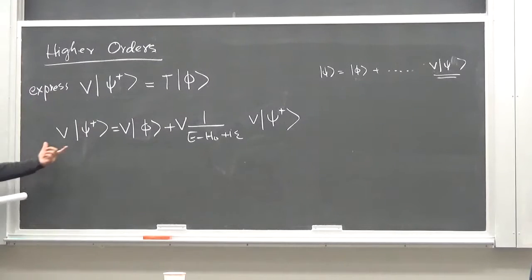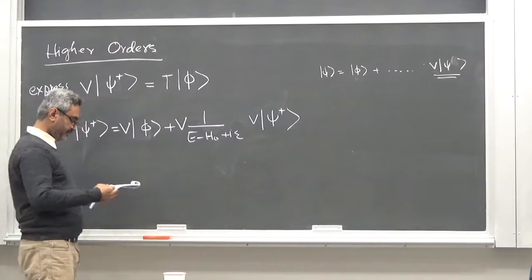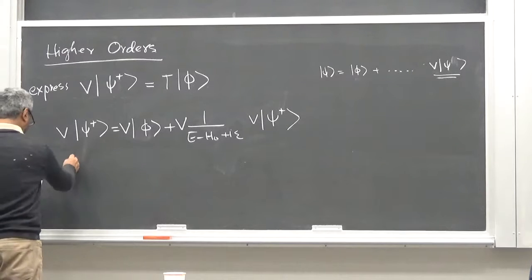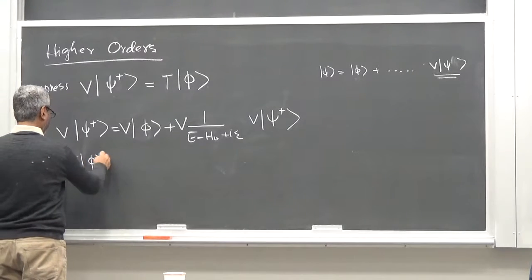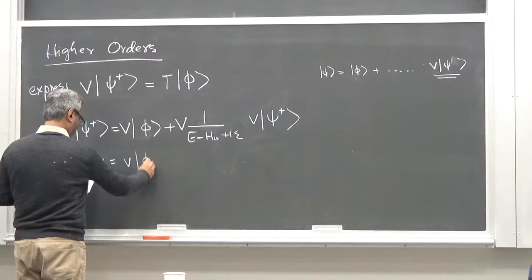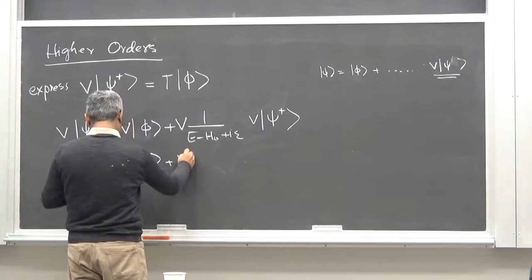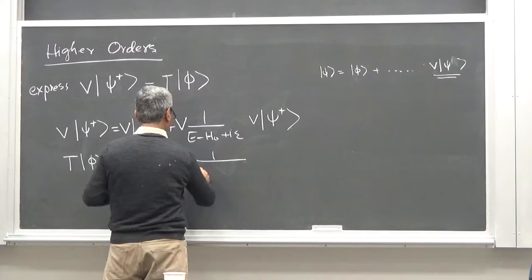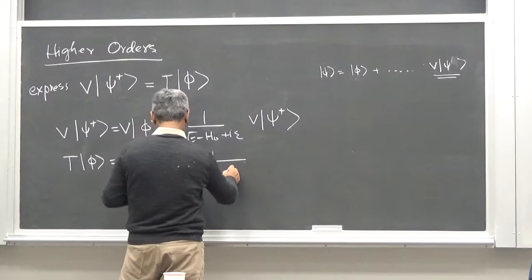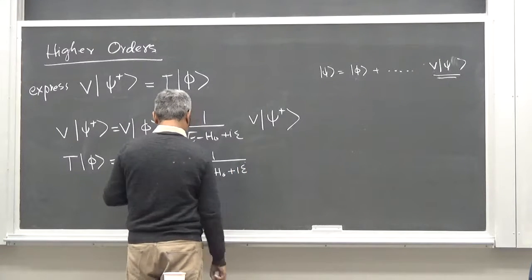Now this V of psi is just this thing, so this becomes T of phi is equal to V of phi plus V 1 over E minus H naught plus I epsilon.